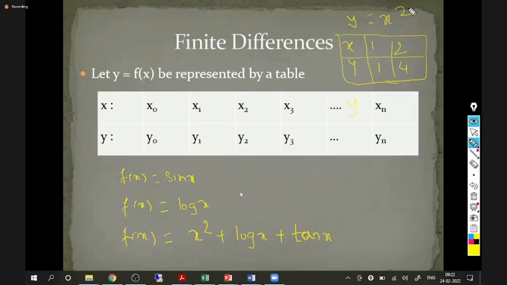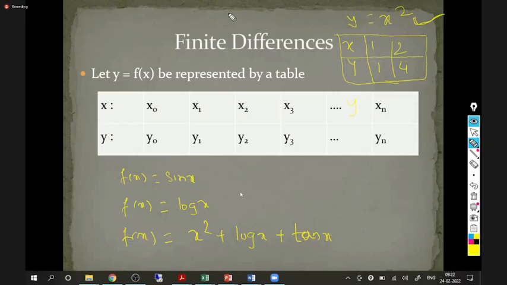Now, what is the logic behind the finite differences? The first thing I want to say is that this function can be approximated by a polynomial of degree 2. The actual function, suppose y equal to x square, but I can get a straight line equation also.